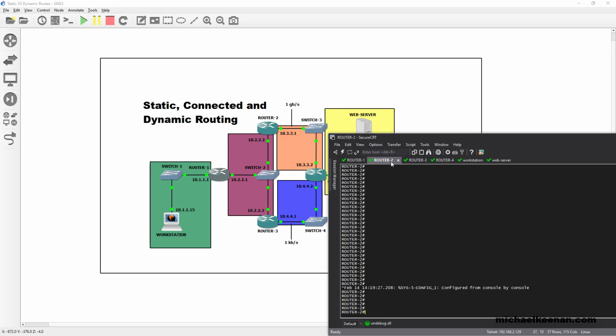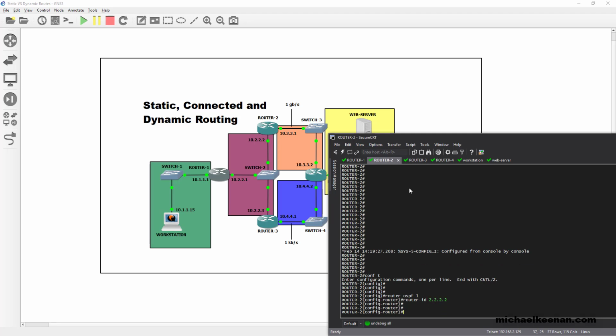So we're going to go over here to router 2, and we're going to configure OSPF on him as well. We're going to say router OSPF 1, so that's turning OSPF on the router. We're going to say router ID 2.2.2.2.